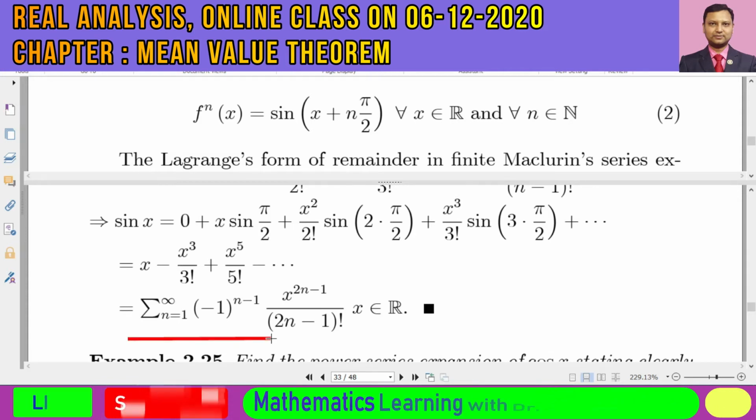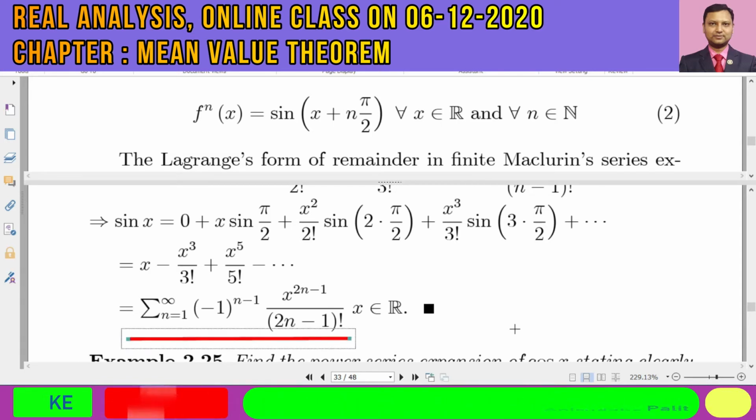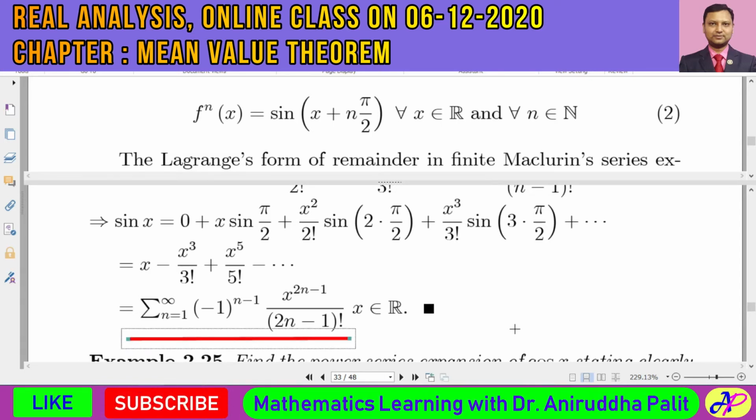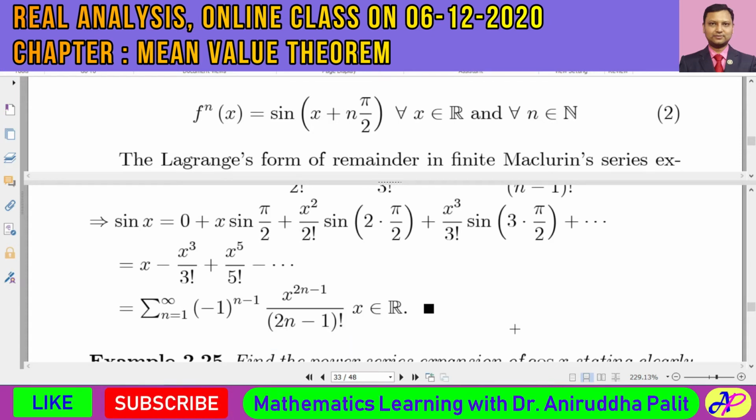So this expression can now be written as this kind of summation, and that is actually the infinite series expansion of the function sine x, and this is true for all values of x. No restriction is there on the value of x for this infinite series expansion. Got it?